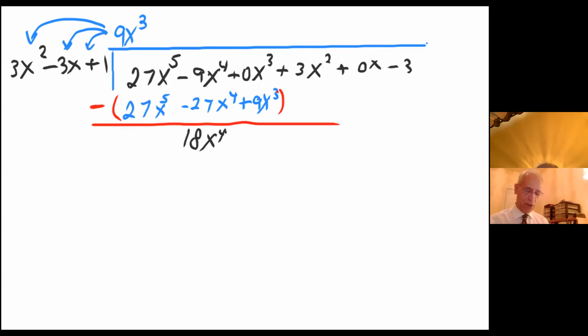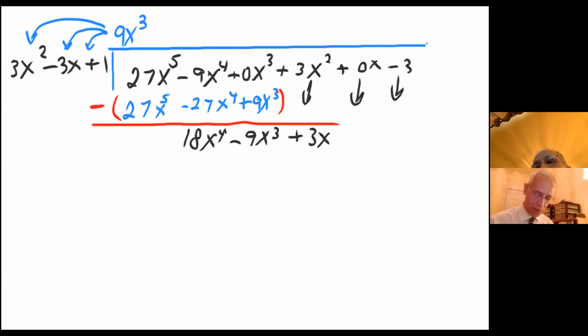And negative times 9x^3 gives me negative 9x^3 combined with 0x^3 gives me negative 9x^3. I'm going to bring everything else down. So I have plus 3x^2 plus 0x minus 3.